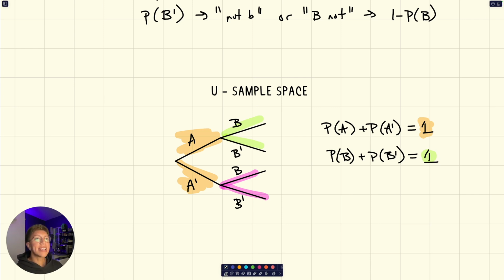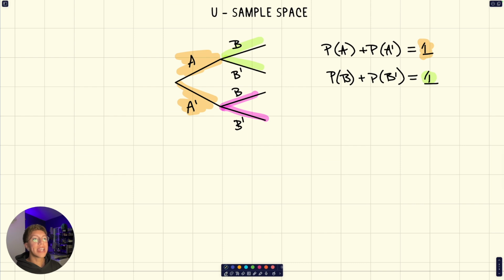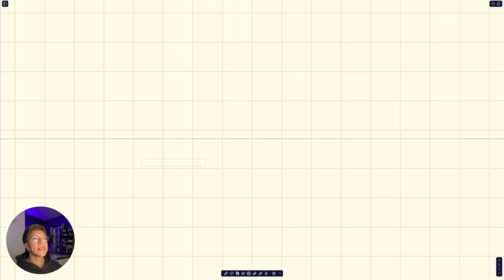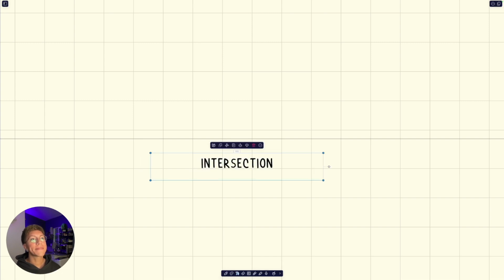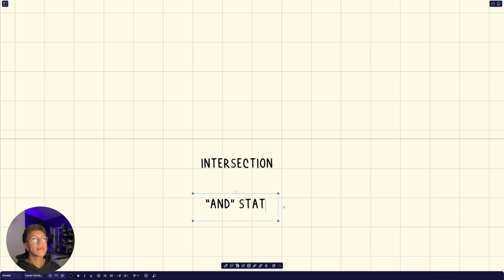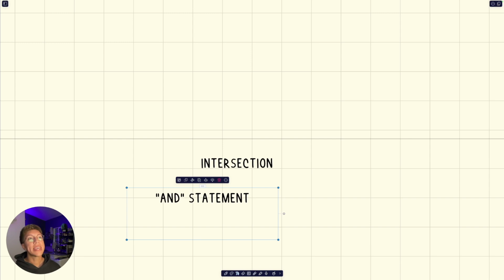All right, the next thing we want to look at is intersection. This will be a little bit easier if you're seeing it for the second time. If you've watched the Venn diagram video, intersection is our and statement. The two things we're talking about, or three things, we can take this up to as many events as we want, have to happen together.